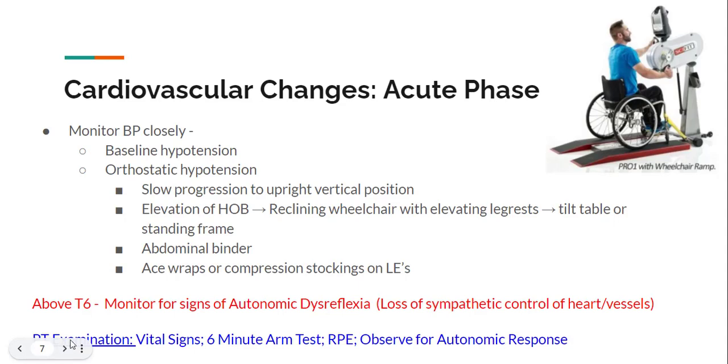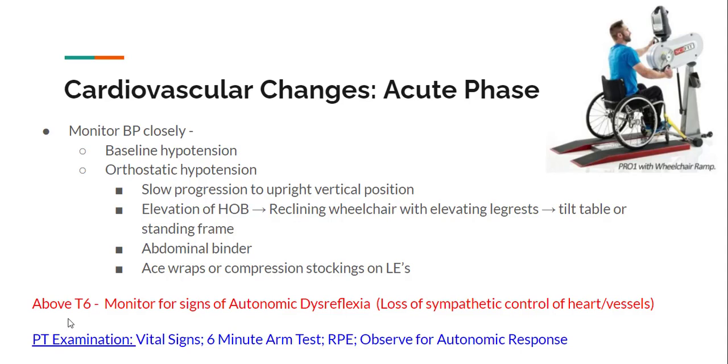We know that we're going to have to be examining cardiovascular changes. And if we're thinking about it from an acute phase, we know that we need to monitor blood pressure very closely, and that may make up a good bit of our treatment strategies where we're working on that patient's ability to tolerate progressive upright positions.